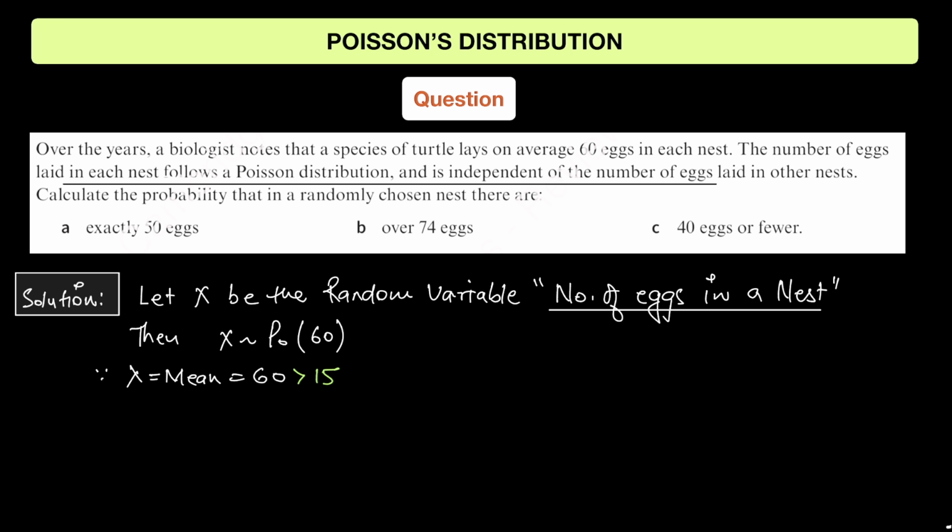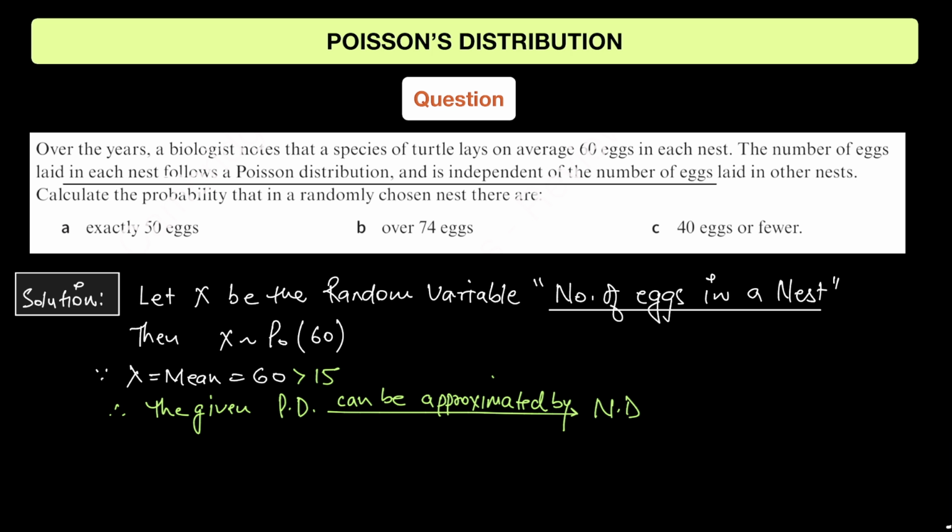I will say therefore the given Poisson distribution can be approximated by a normal distribution.